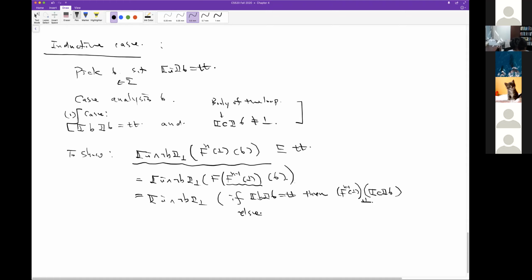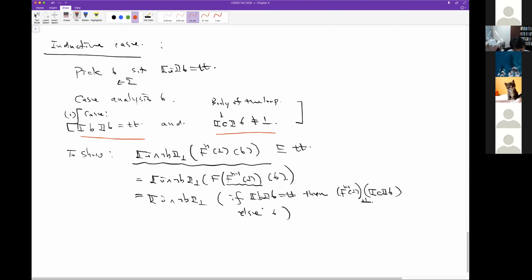Otherwise, we just return sigma. So that's just plugging in the definition of F, but by the assumptions of this case, the condition of the loop is true, and the outcome of running C on sigma is not equal to bottom.